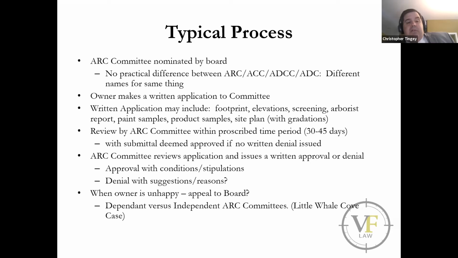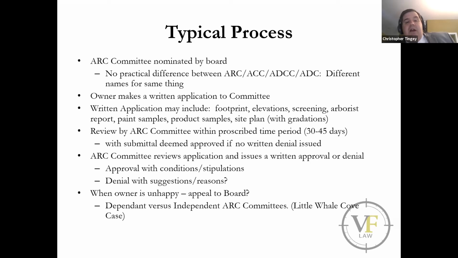All right, so there was another question from Linda about the laws that are in effect, and it's the Oregon Planned Community Act or the Condo Act, depending on what kind of community you are. The planned community is ORS Chapter 94. The condo is ORS Chapter 100. And there is a little bit on architectural review in there, but frankly, most of it is going to be driven by your governing documents.